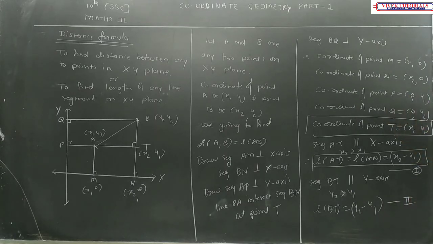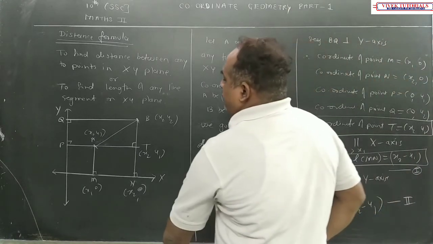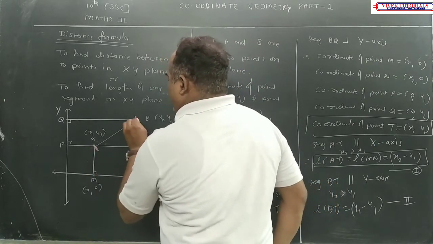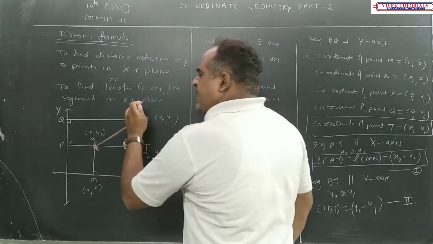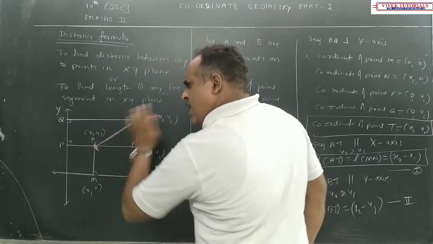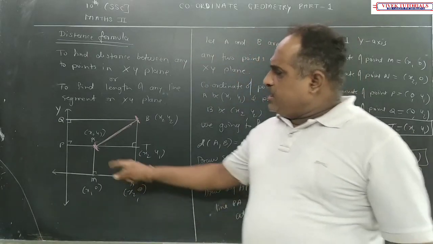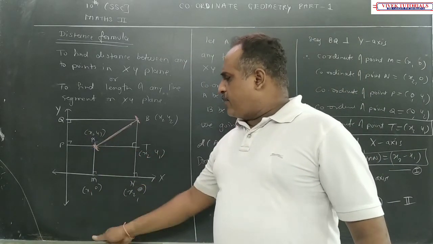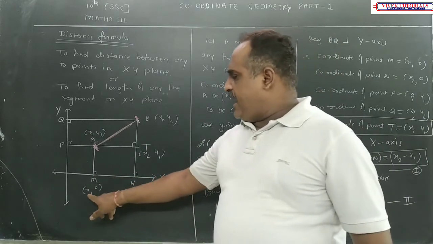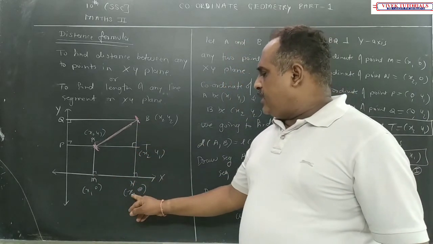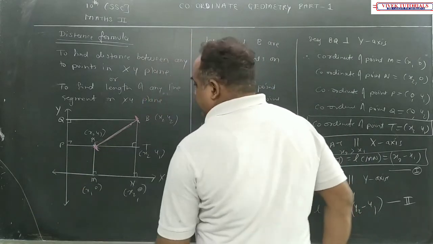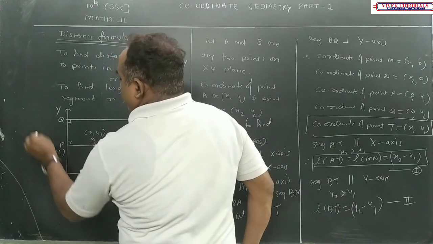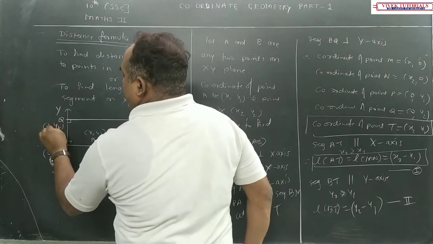Up to now, we have understood it properly. I'll repeat it once again. We are interested in finding the distance AB. The point can be anywhere, A here, B here, C, anywhere, no doubt about it. So if it is x1, I draw a perpendicular from here to the x axis. This is x1 comma 0. Here I did x2 comma 0. The points on the y axis become 0 comma y1, 0 comma y2.